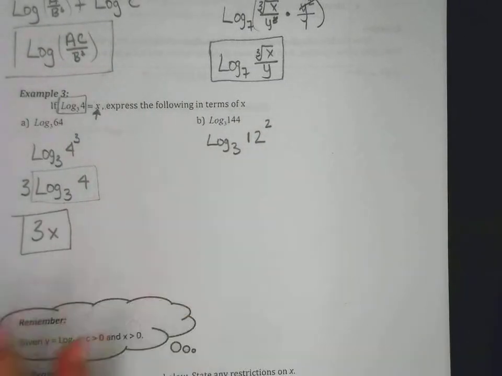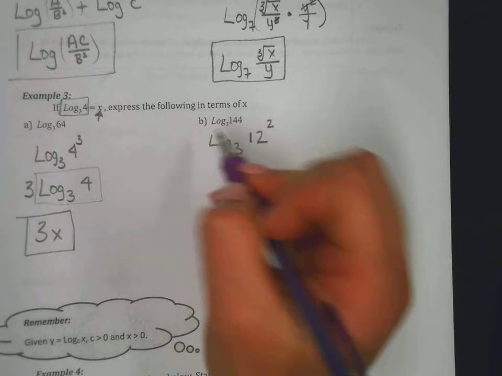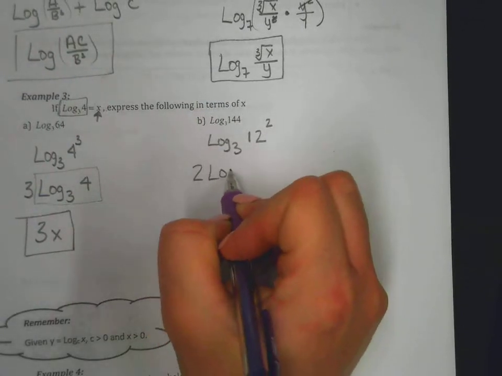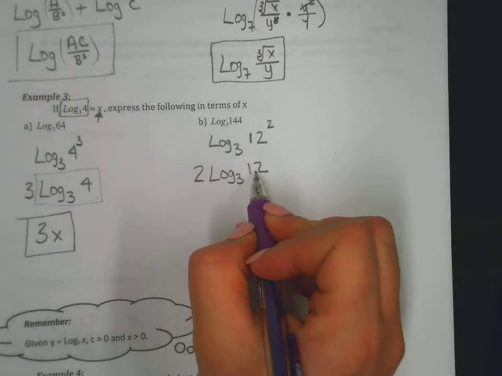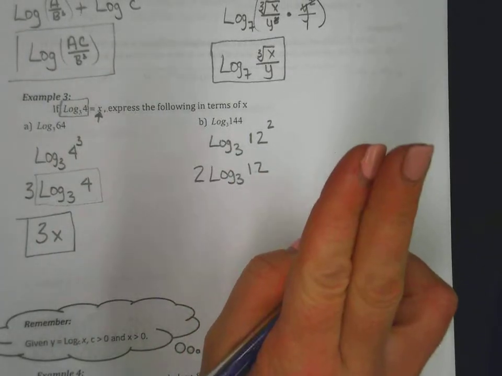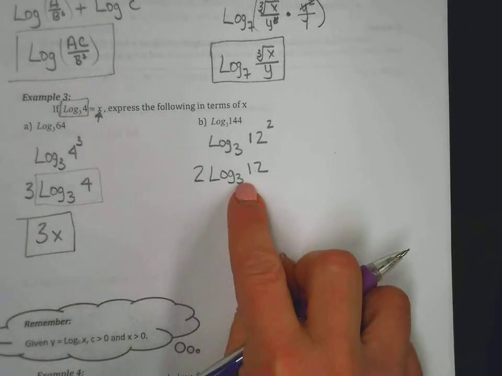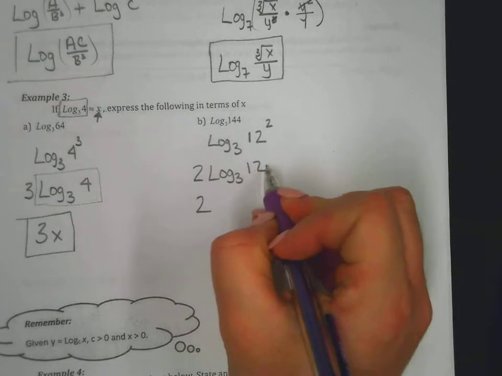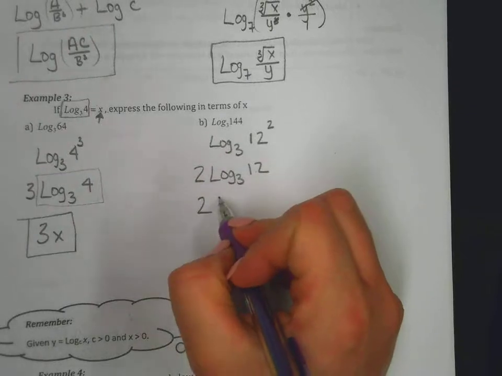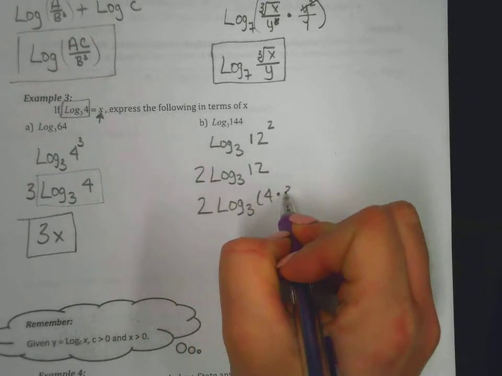There's lots of ways you can get to your final answer. If I rewrite this using my power law, I get this. And now I'm going to break down the 12 as a product of two numbers. And technically the numbers I want are a base of 4, but I'd also want something that I can evaluate with this base of 3. So I'm not going to change this to 2 times 6. I'm going to change this to 4 times 3.